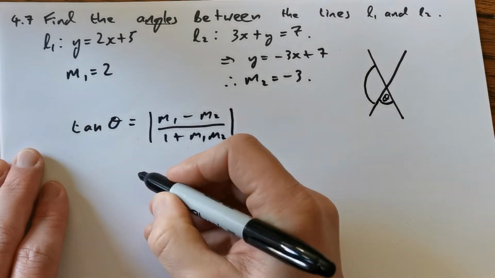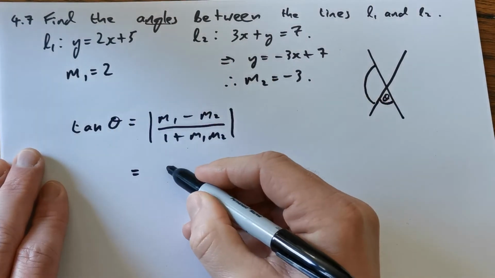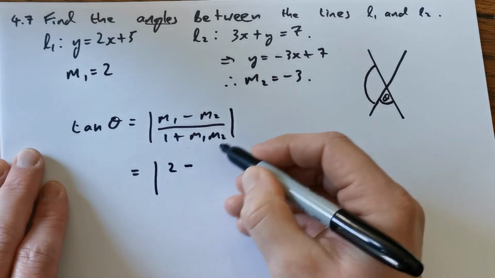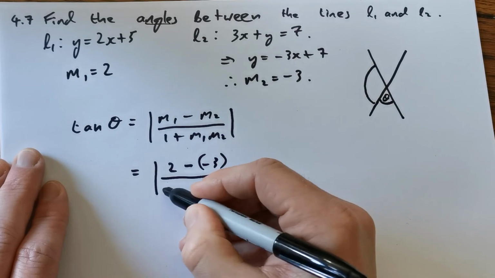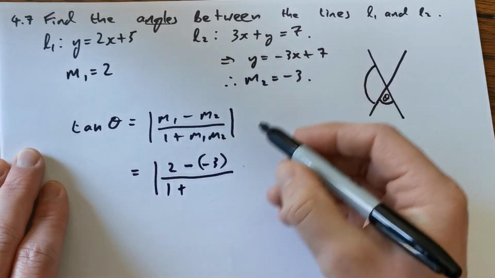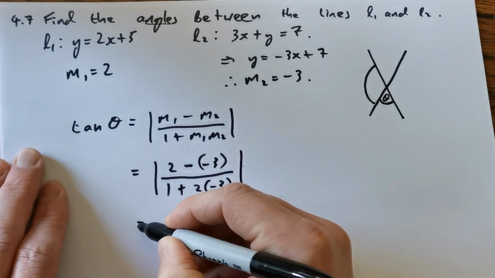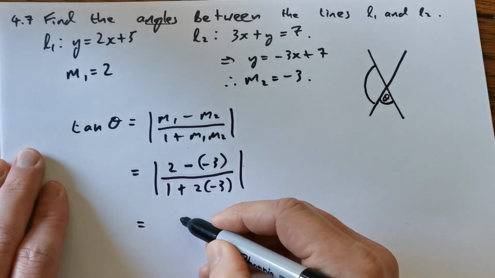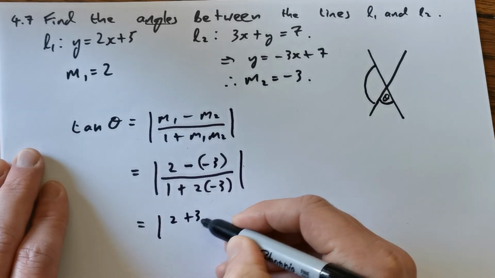Okay, so really straightforward, just substituting things into my formula here. We're going to have the absolute value of 2, subtract m2 which is negative 3, all over 1 plus m1 times m2, well, that's 2 times negative 3. So we've got 2 plus 3, which will give me 5 on the top.